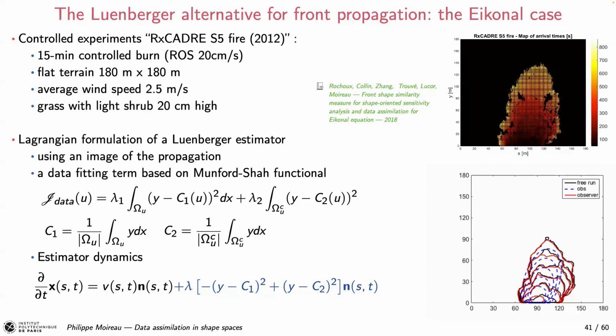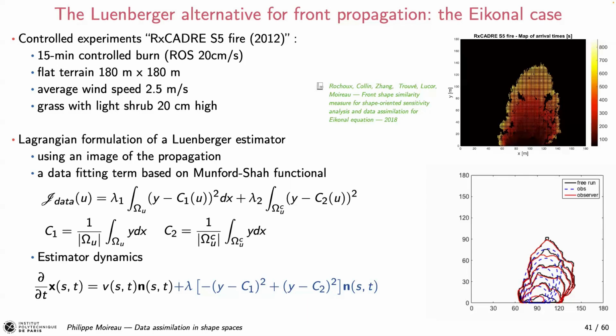Yes, exactly. You just try to recover the evolution of the boundary, the front. So you are not trying to estimate the parameters, the x. But the x in that case corresponds to the front. For the fire propagation problem, the state corresponds exactly to the position of the front.